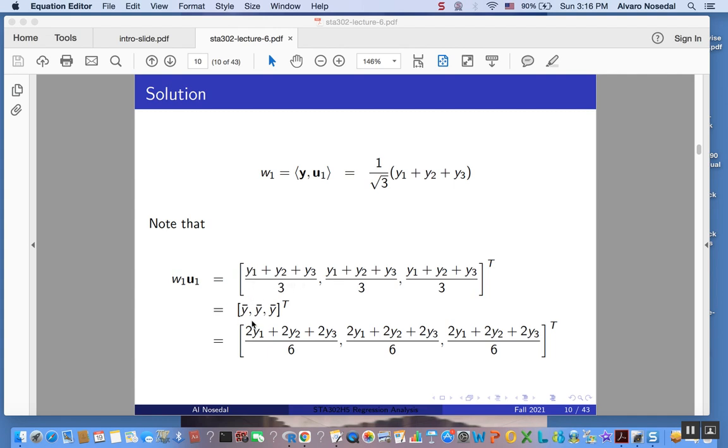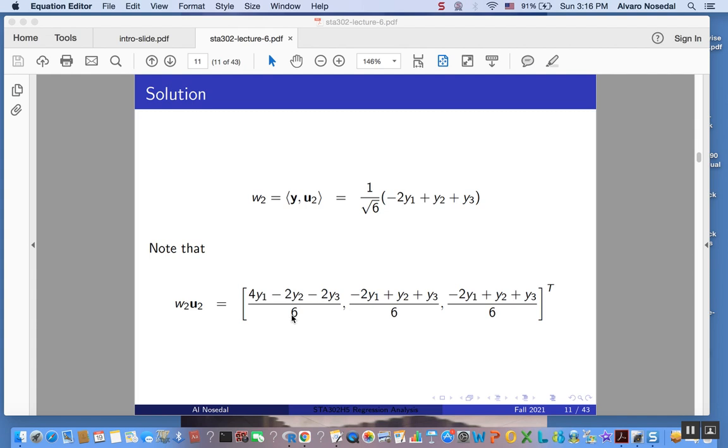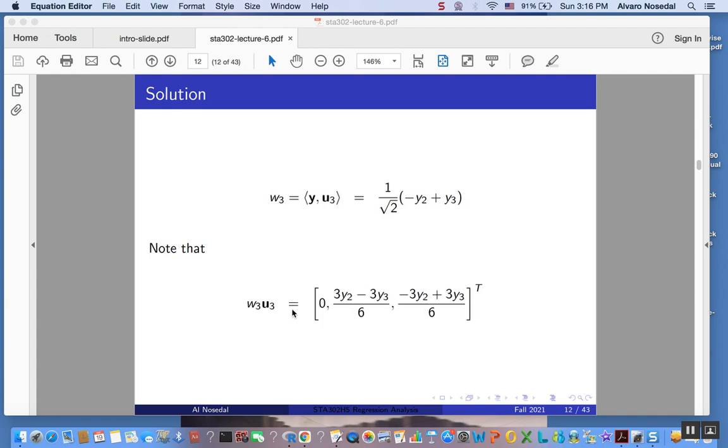That's the same as 2 times y1 plus 2 times y2 plus 2 times y3 divided by 6, right? So if we do the sum of this plus this plus this, I claim that we should end up with y1. Okay, so here we go.